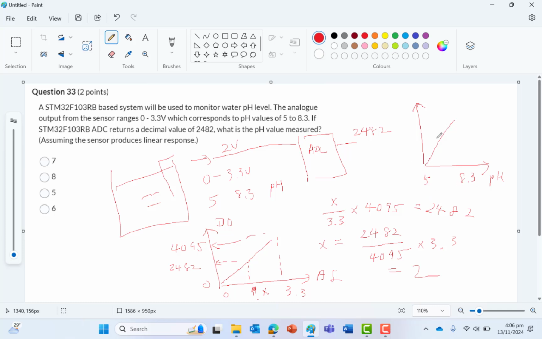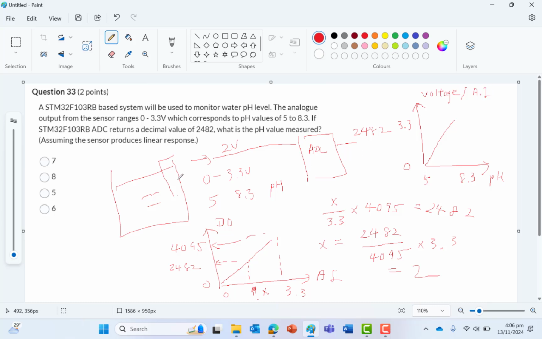The corresponding voltage is the analog in, and this 3.3 is also my analog in.